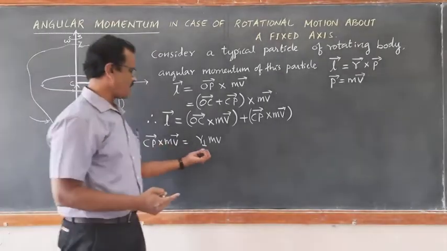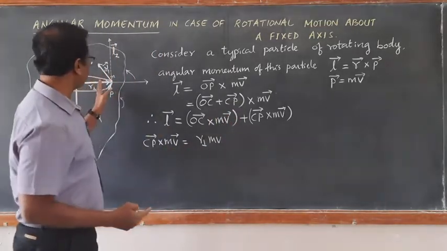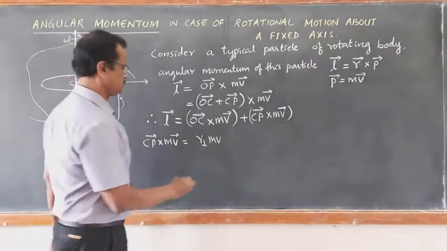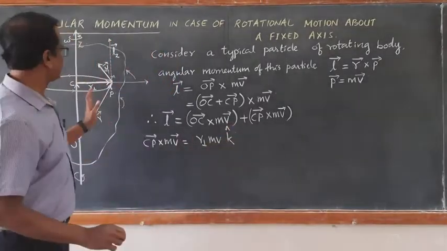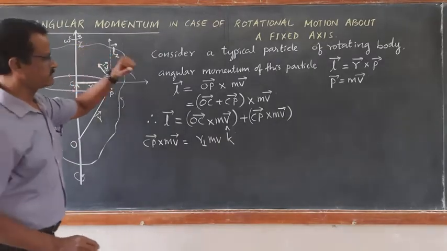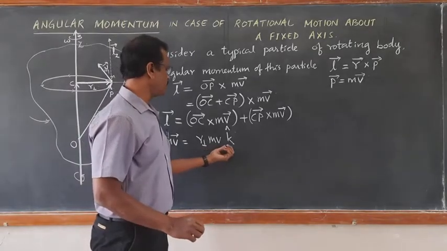So I write it as r perpendicular mv sin 90, which is 1. And I have to show the direction. Direction is along the z axis, which is shown by k cap. K cap is the unit vector along the z axis. So r perpendicular mv k cap.